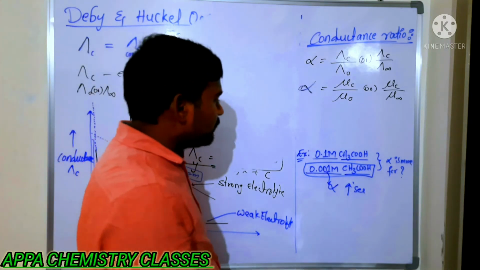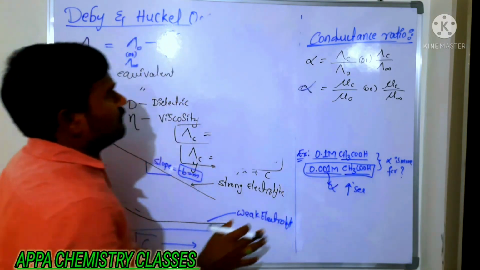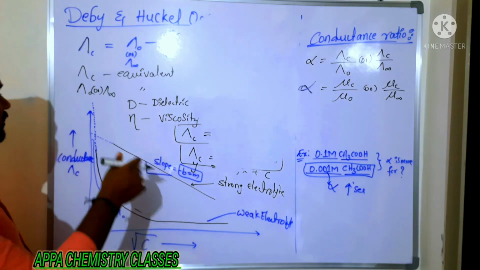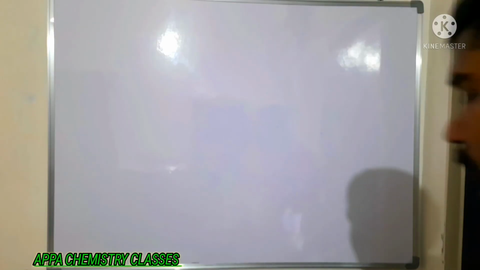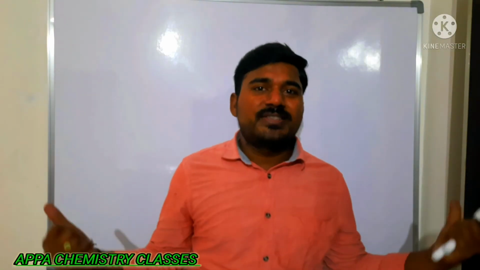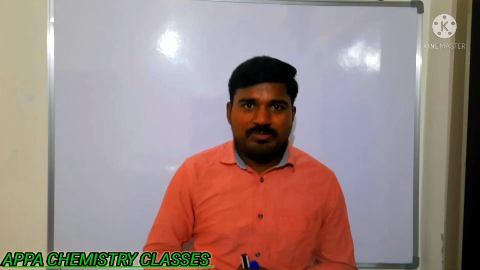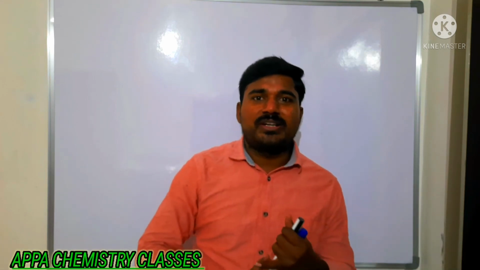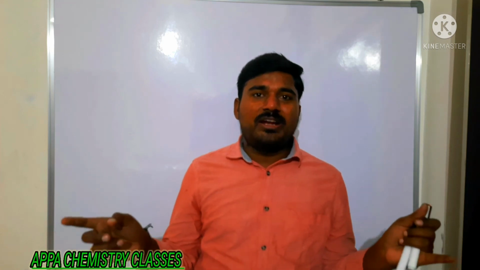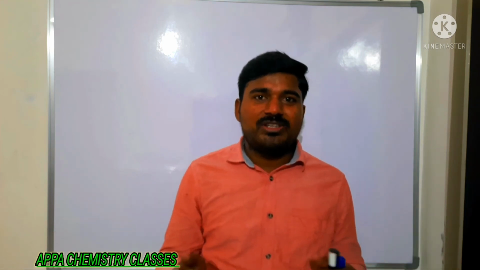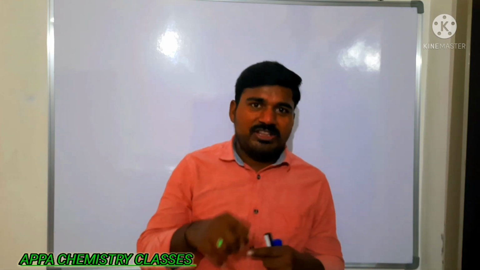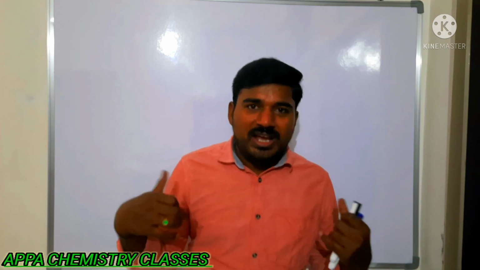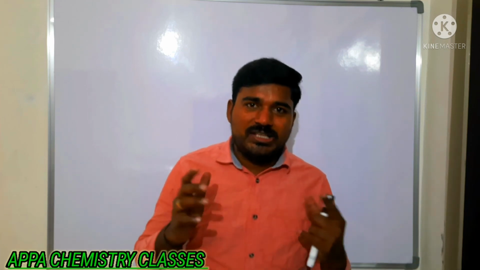Is that clear? That is the effect of concentration on conductance ratio. So far we have discussed how factors affect molar and equivalent conductance, the Debye-Huckel-Onsager equation, how conductance varies with the square root of concentration, and the conductance ratio, in this video.